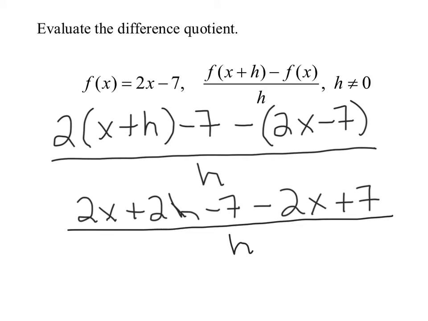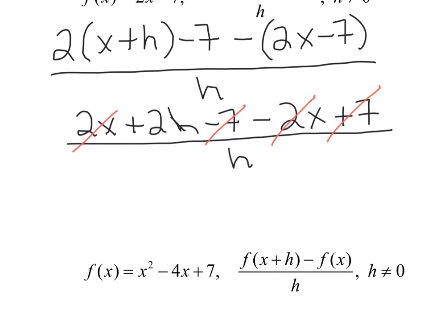Let's look. We have a 2x here and a negative 2x. So those will just cancel out. We also have a positive 7 and a negative 7, and those will cancel out. So basically what we have remaining is just 2h divided by h.